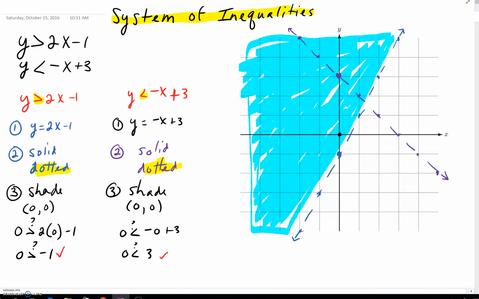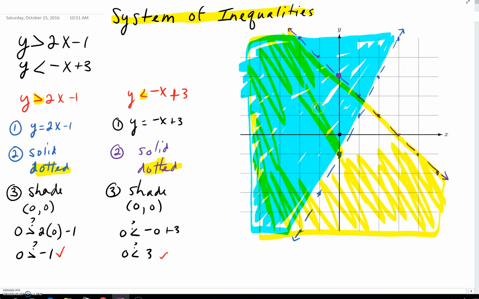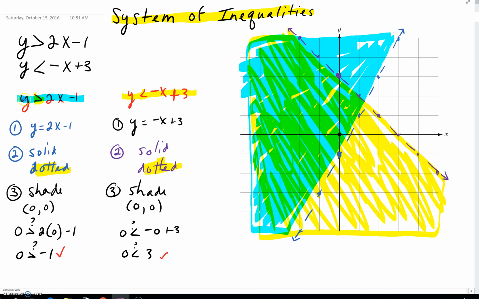So that means the region that contains that point 0, 0 has to be part of the solution set for that inequality. So then we will shade this entire region down here. So the yellow region is the answer to the inequality for y is less than negative x plus 3. And then the blue region is the answer for the inequality of y is greater than 2x minus 1.